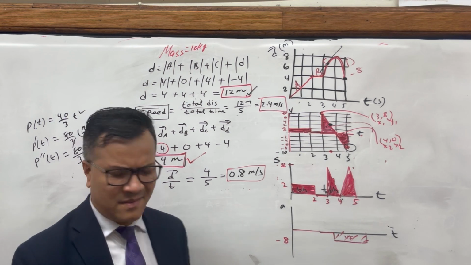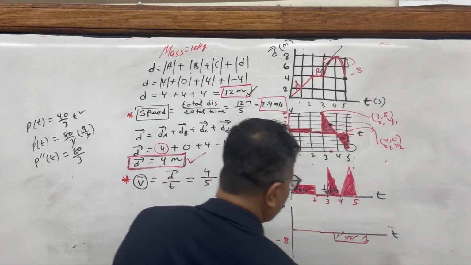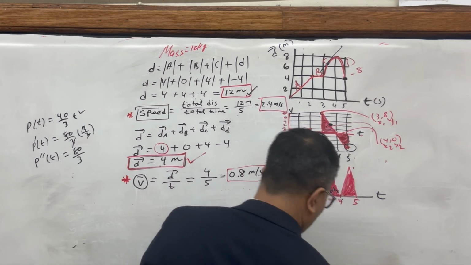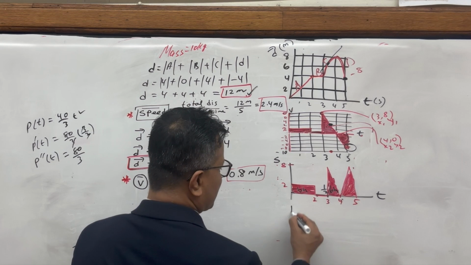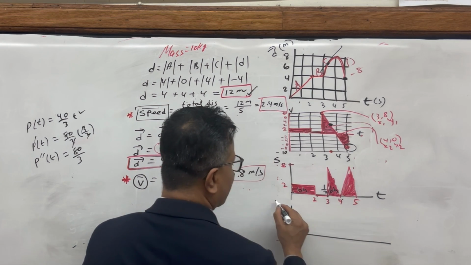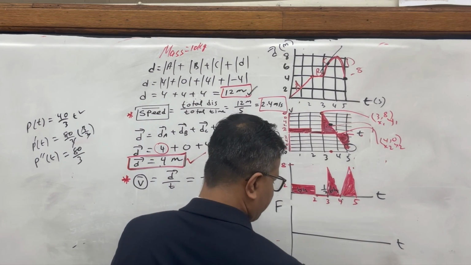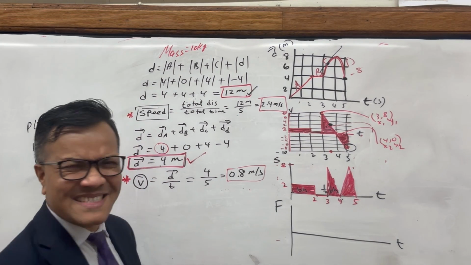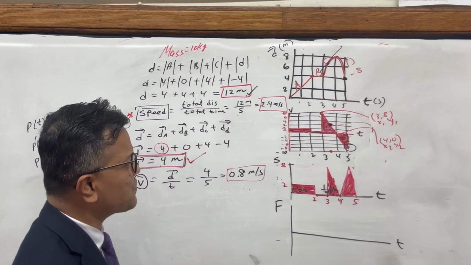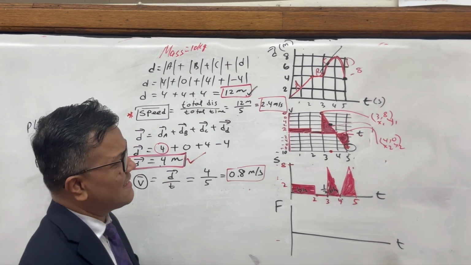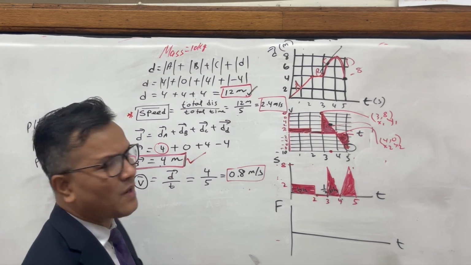That's not going to happen. So let's see the force versus time graph. This is not the best example to do the force versus time graph. Why is that? Because again the acceleration is not constant. But we still can see how much force is acting on the object, let's say at 4.5 seconds.